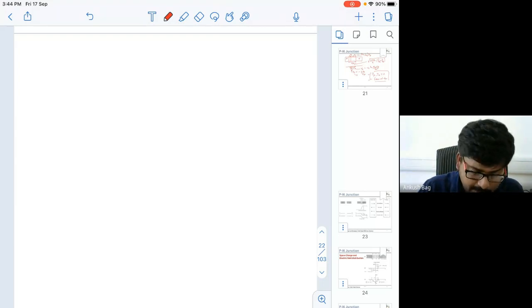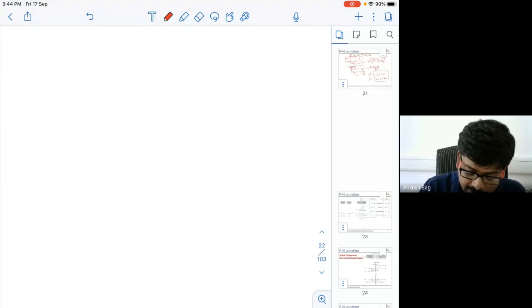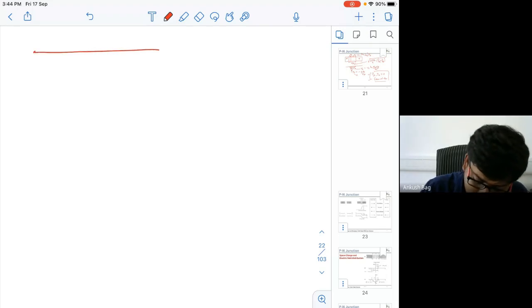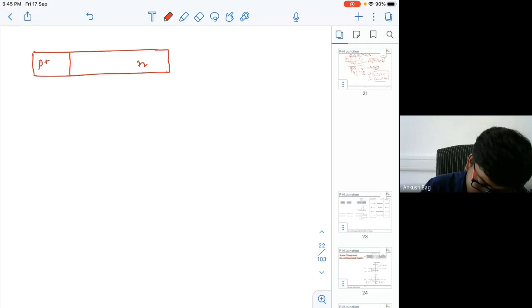concepts regarding this band diagram, because we have used this band diagram when initially we discussed the PN junction fundamentals, but let us try to see a few more details of this energy band diagram of PN junction under equilibrium. So once again, let us consider this P plus N junction. So we have a smaller depletion region here, a larger depletion region here.